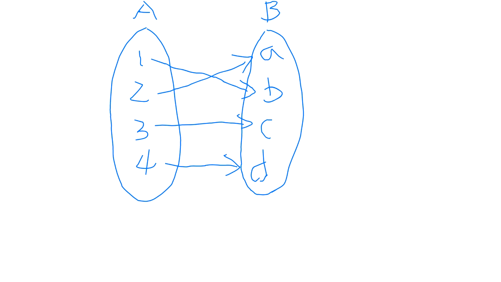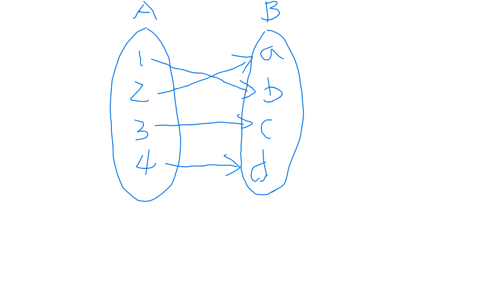Okay, so what if you have 5 in A and it's not mapped to any? Would that be an injection? It wouldn't be a function. For it to be a function, everything in the domain has to map to something in B, in the codomain. You asked if there's something in A that's not mapping to anything, right?